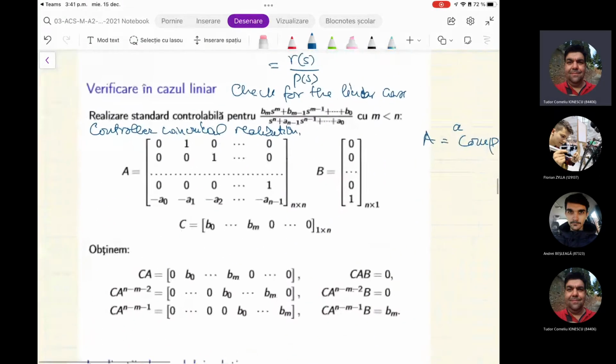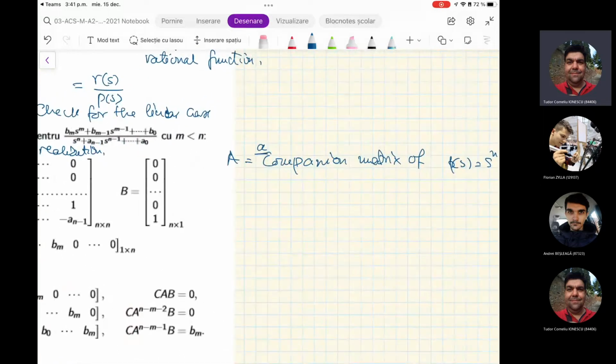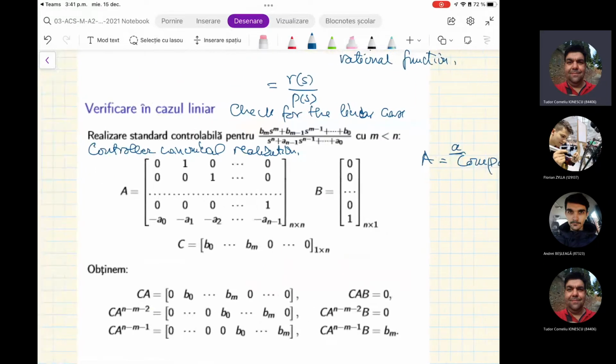It's a companion matrix because any polynomial has an infinity of companion matrices, as we all know. B has this form and C has this form. This is very easy to see from the transfer function. Well, so we have CA is 0.